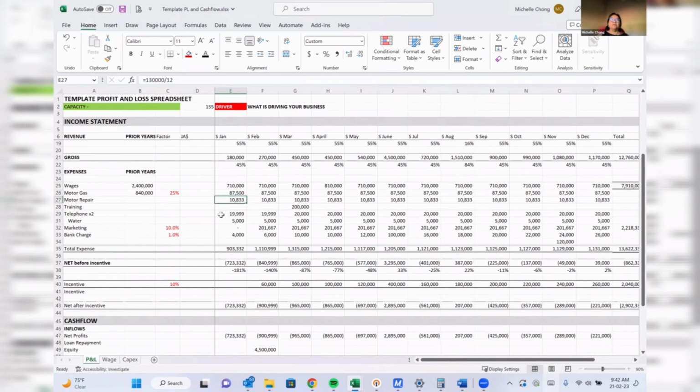Last year I spent, you're getting this from your auditor's financial report, your audited financial statement. Supposing you spent $120,000, and I can say, well, my motor repair industry normally, inflation is usually about 10-12%.